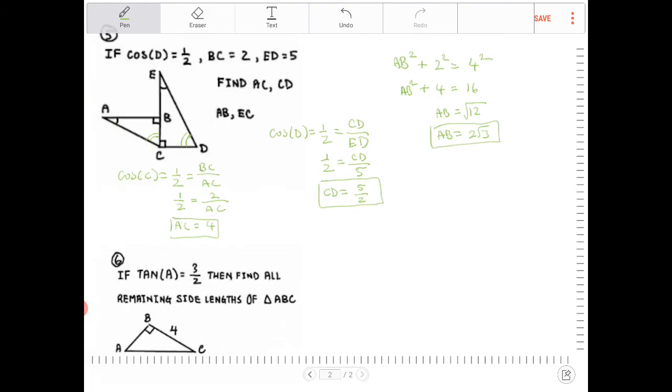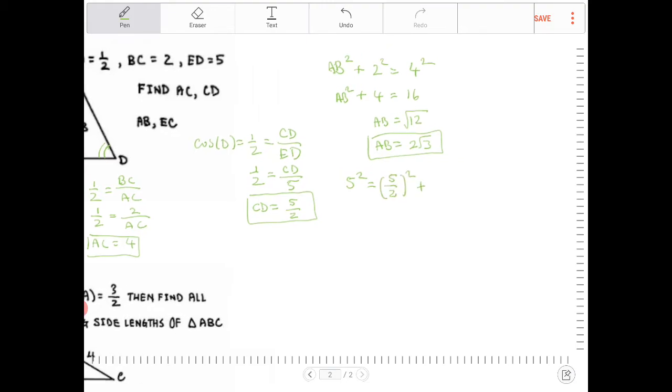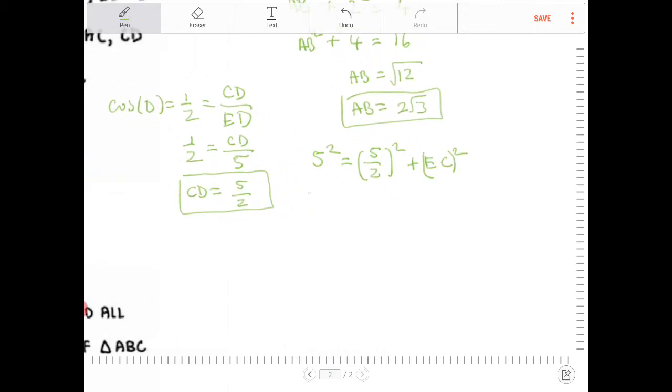And then lastly, I want to do something similar to find out what EC is. Since we know ED is 5, we can say 5 squared is equal to CD, which is 5/2 squared, plus EC squared. So again, we're going to go through this. This is 25 is equal to 25/4 plus EC squared.